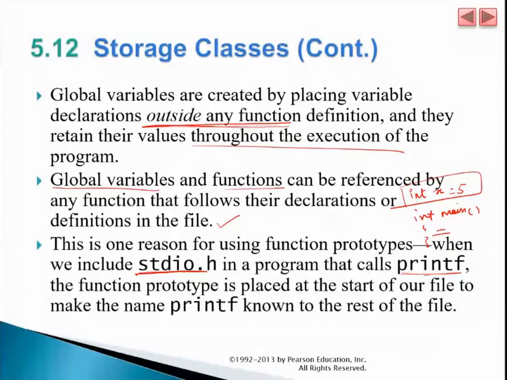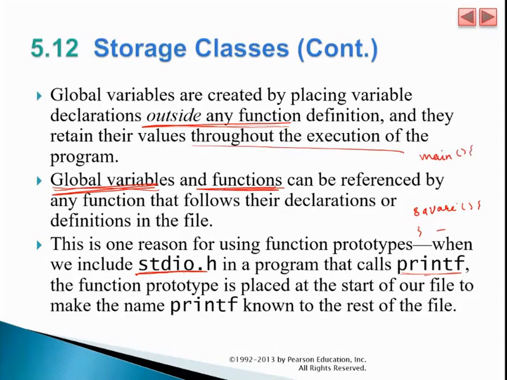Now in this slide there is one very subtle thing that you should notice. Global variables and functions can be referenced by any function that follows their declaration or definition in the file. This is an important point. Suppose I am writing a square function after main without writing any prototype.